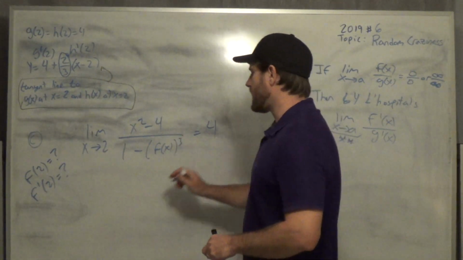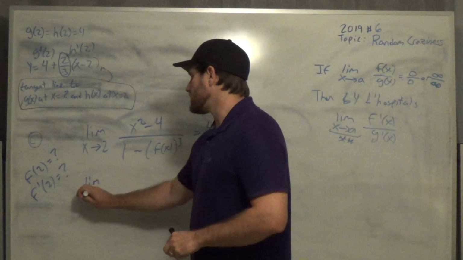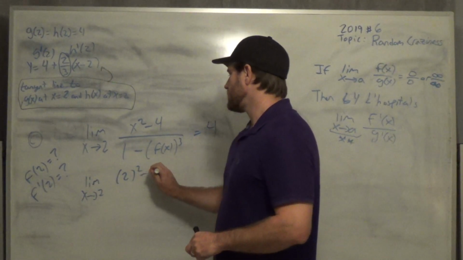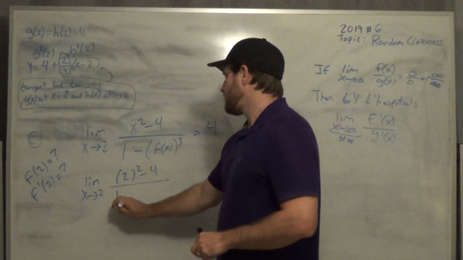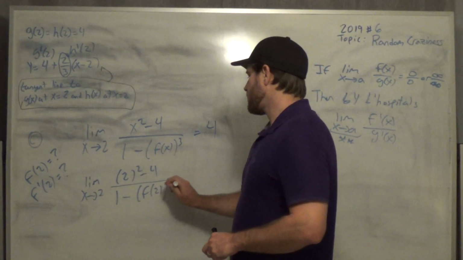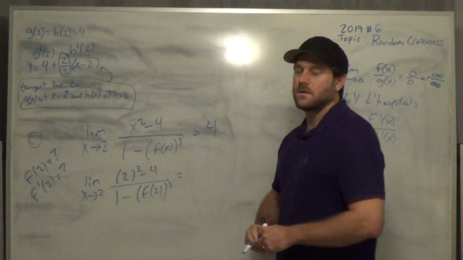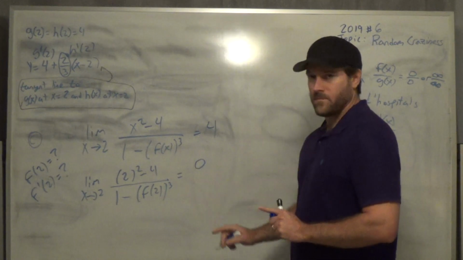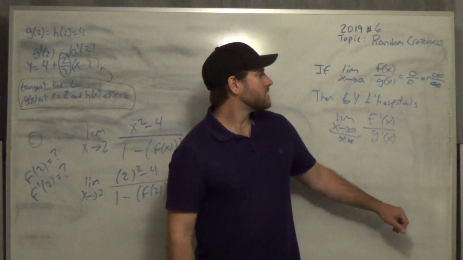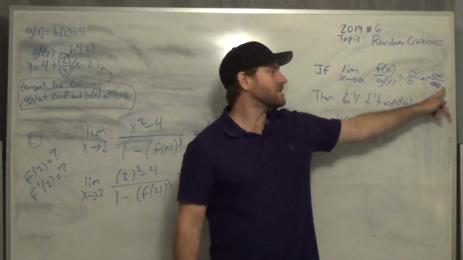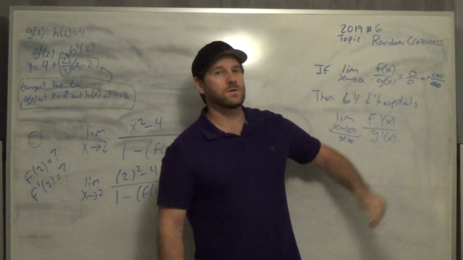So I'm going to keep this part out here, and I'm going to say, all right, well, the limit as x approaches 2, and I'm going to put a 2 here. Now, look at what we get. On the top, we get 0. So notice, it is not going to be infinity over infinity that gives us L'Hopital's. It's going to give us 0 over 0.